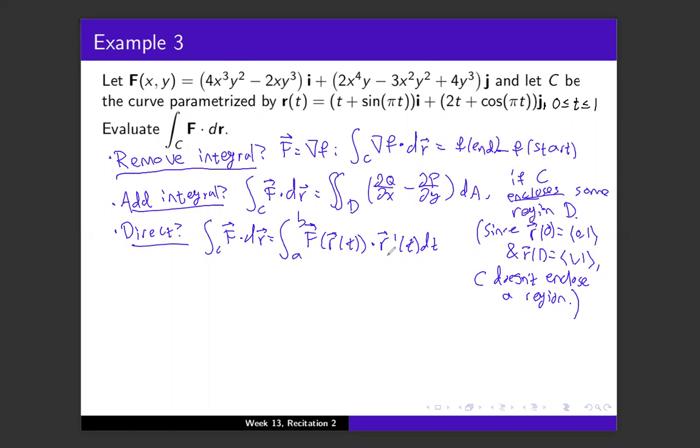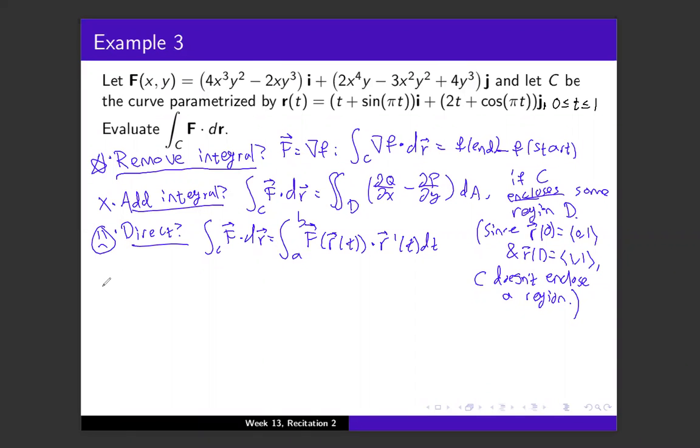In principle, you can do it, but it's really hard, and we're not going to go there. So we're going to try a different approach. You can't add an integral, and the direct approach is cruddy, so we're going to try removing an integral instead.